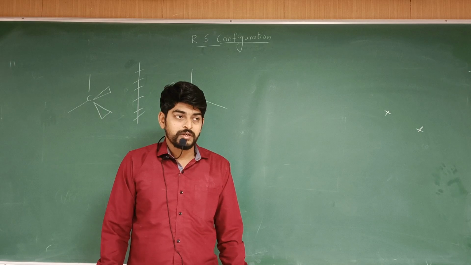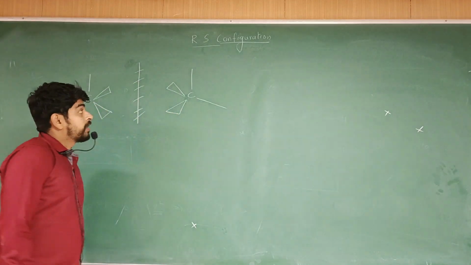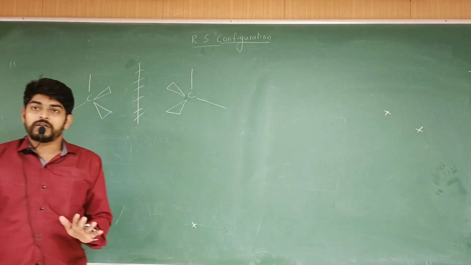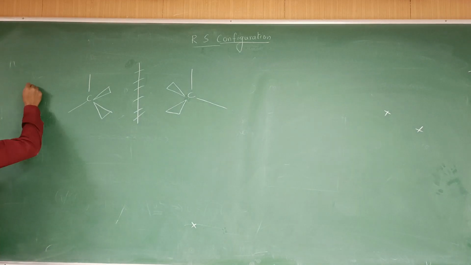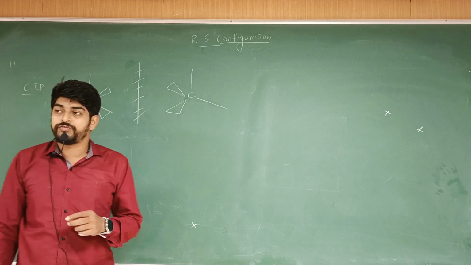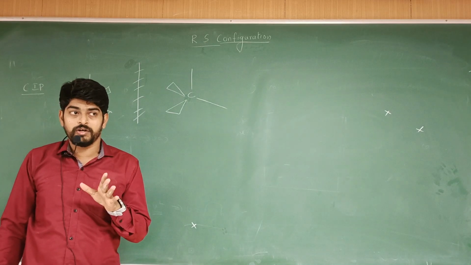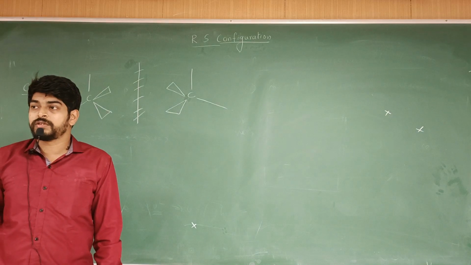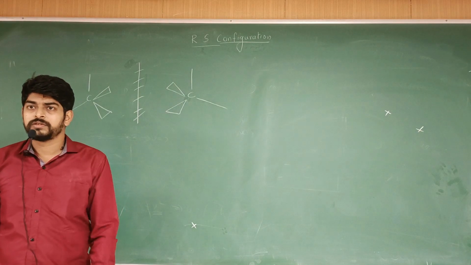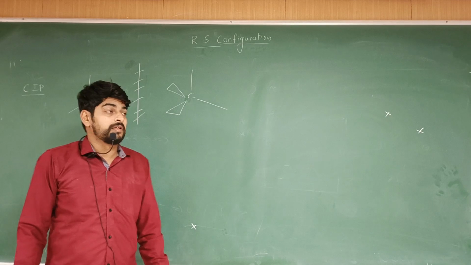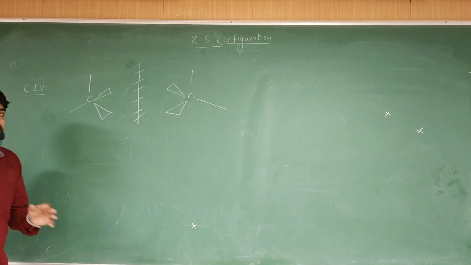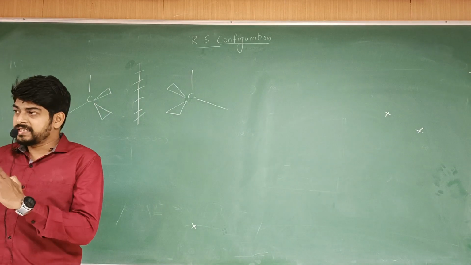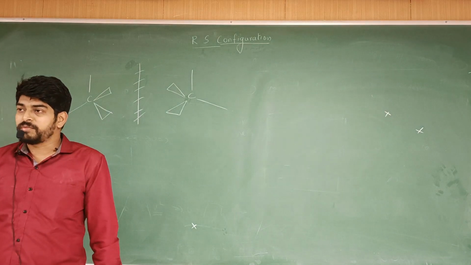Now, in RS configuration we are going to use the CIP rule, which we used for nomenclature of geometrical isomers. In EZ nomenclature we used the same CIP rule, and we are going to use it in RS nomenclature.